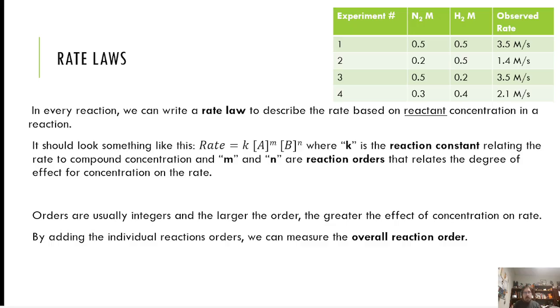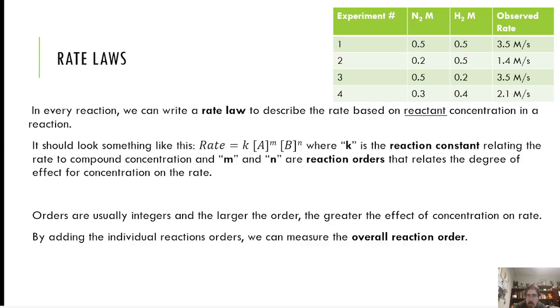The key here is that these reaction orders are going to be integer values, but they are not necessarily directly related to the stoichiometric coefficients. The larger the order is, the greater the effect of the concentration will be on the rate. You can get an overall reaction order by adding the two orders together.